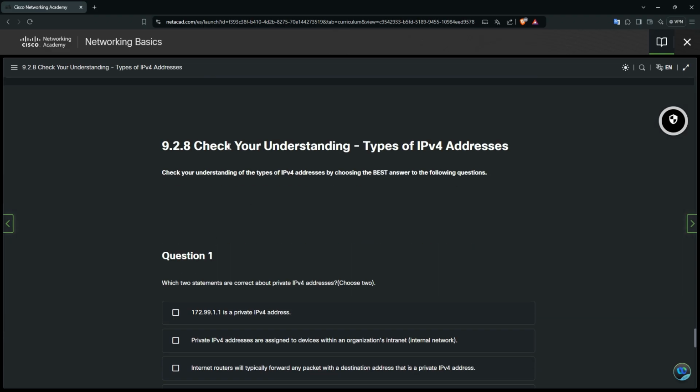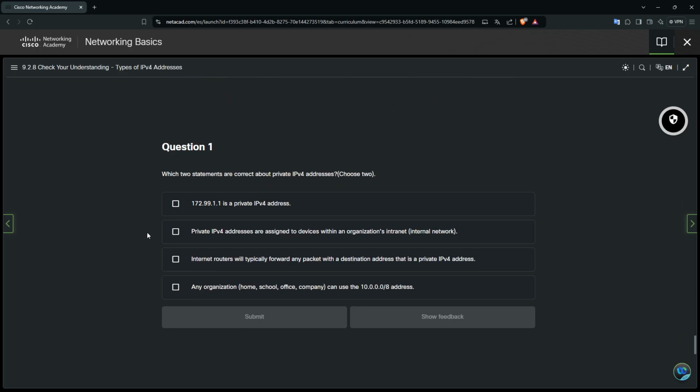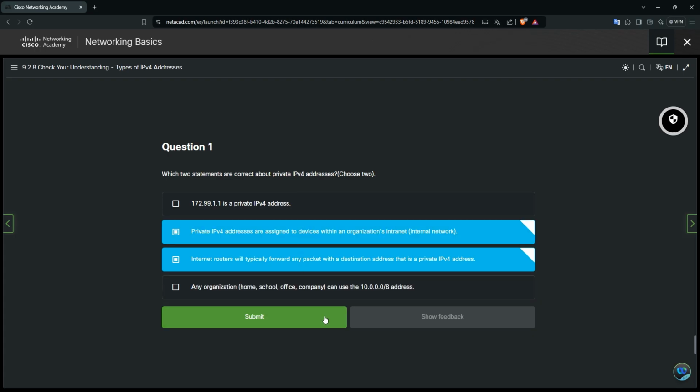Finish with check your understanding, types of IPv4 addresses. Question 1. Which two statements are correct about IPv4 addresses? Okay, submit.